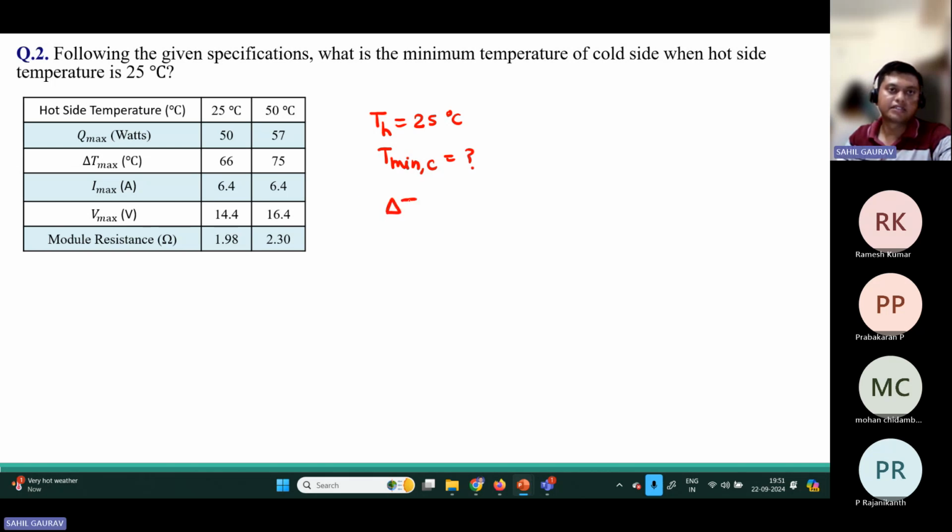Since delta T max is given for 25 degrees Celsius, our value is 66 degrees Celsius.